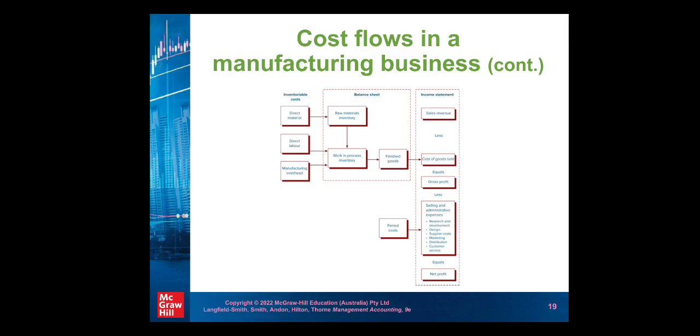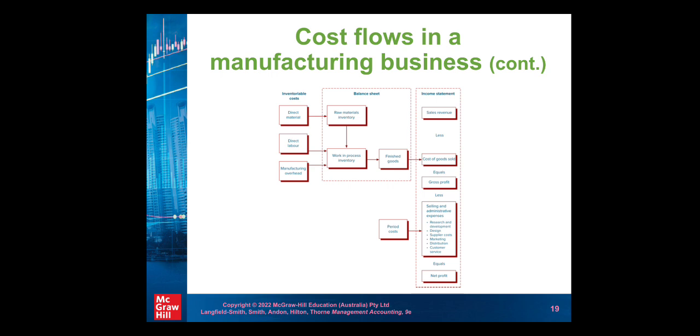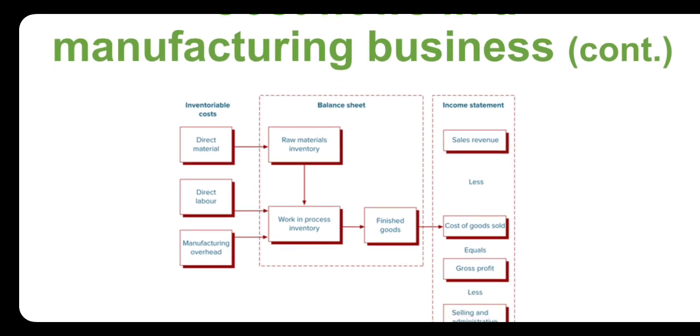Okay, so the flow of the account is like this in slide number 19 if you want to see the flow. So see here, when you purchase your direct material, you have to record the direct material inventory account, and then when you use the material, you have to transfer the record in the raw material inventory account to the work in process inventory account.